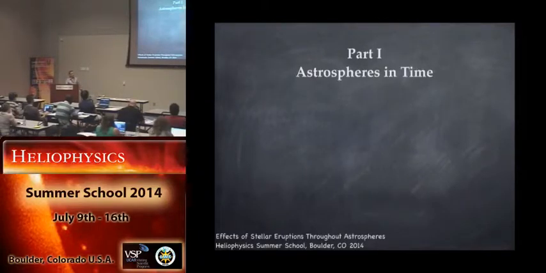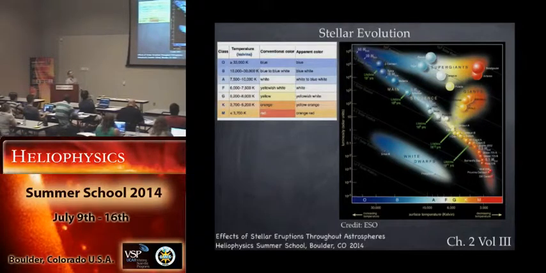So astrospheres in time. I won't spend a lot of time on that. We already know that stars, as they evolve, they move along the HR diagram. They become less active, especially solar analogs. They're very active. They have fast rotation when they're young. They have high stellar activity. And as they grow older, they spin down and they lose some of their activity level and they become more quiet stars.